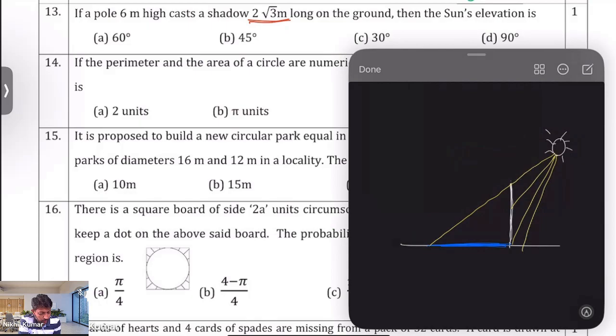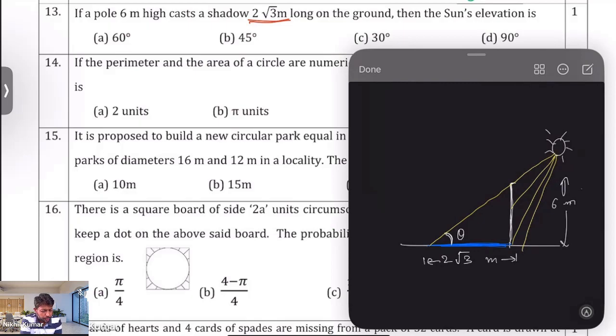This pole length is 6 meters. The shadow length is 2 root 3 meters. The sun's elevation, that's what we have to find out. So we have to find out this angle, this theta.